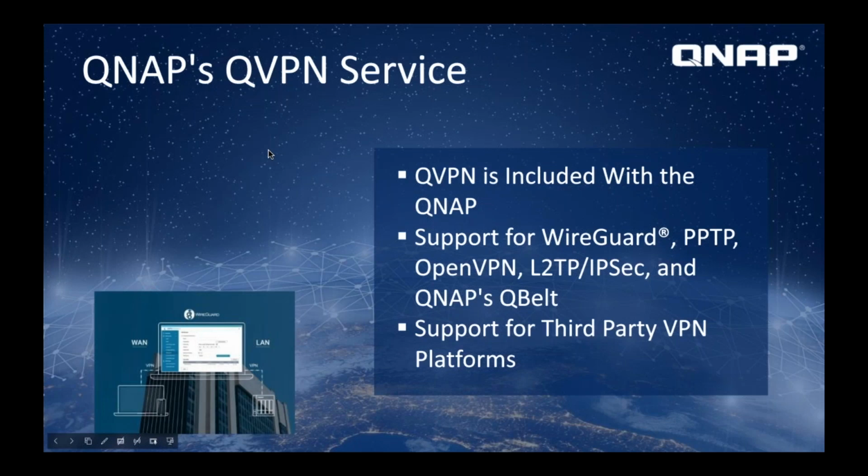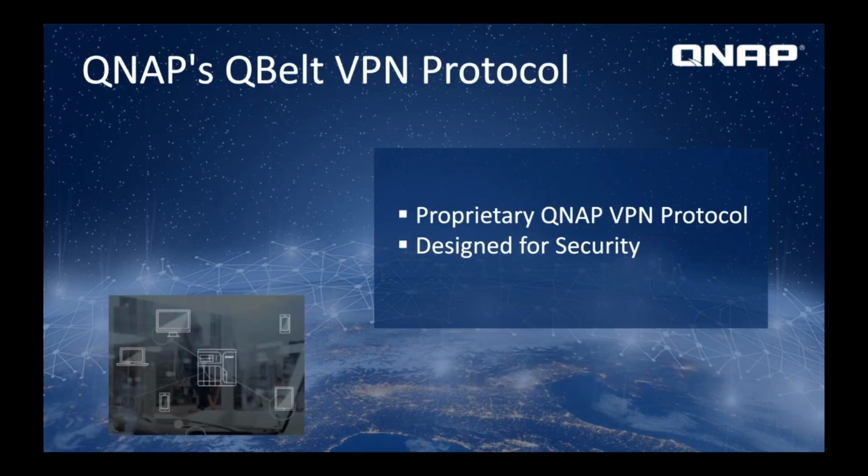QVPN also supports popular third-party VPN platforms such as ExpressVPN, NordVPN, Surfshark, and Astral. As mentioned, in addition to various VPN protocols, QNAP also provides its own proprietary VPN protocol called QBelt. This protocol was designed to strengthen the security of the VPN connection and mitigate the risk of network traffic interception.